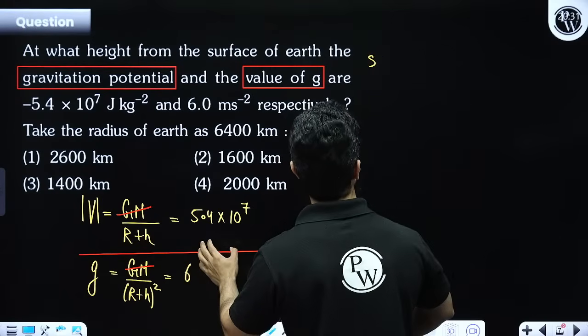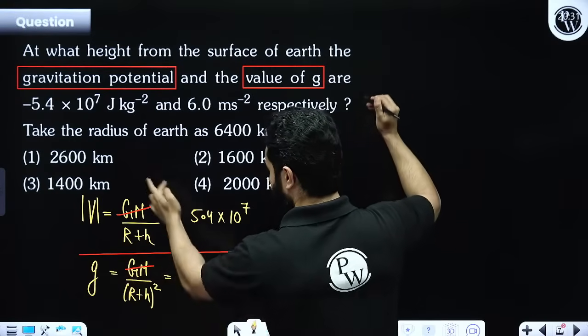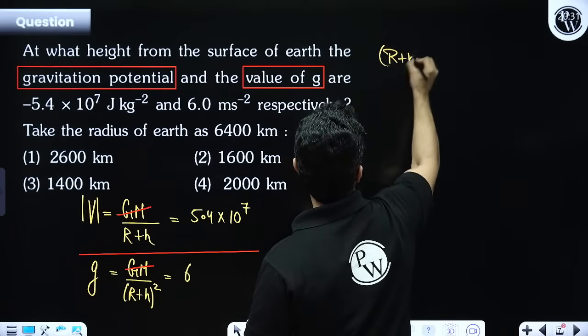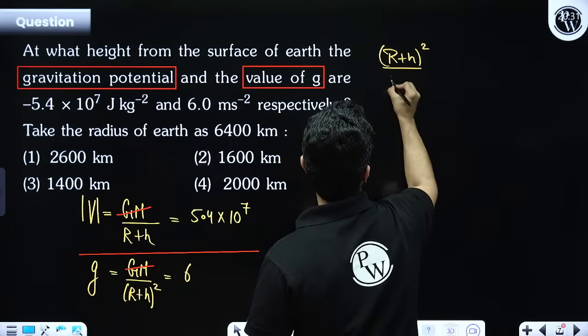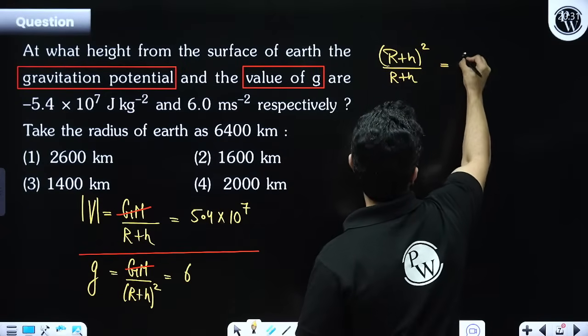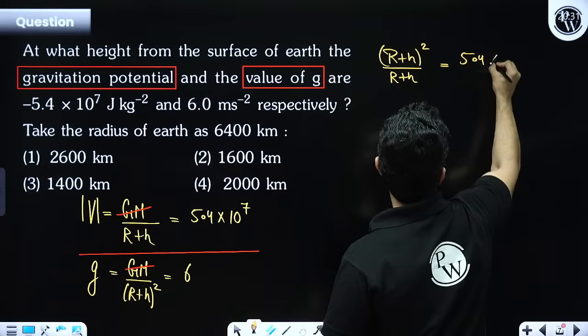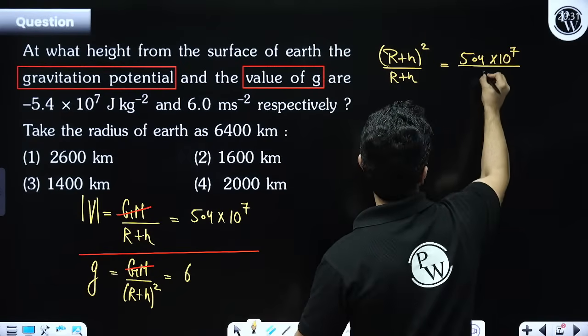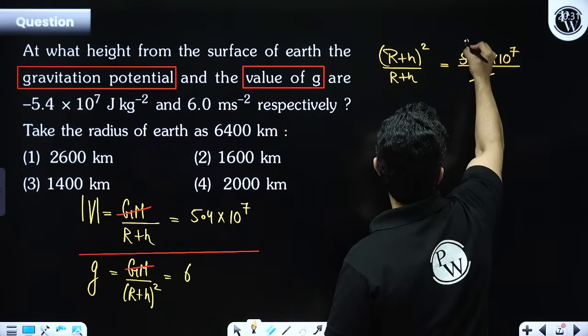Now we'll get over here, I'll write it for you, (R plus H) whole square divided by (R plus H) is equals to 5.4 multiplied by 10 to the power 7 whole divided by 6. Dosto, this is 0.9.